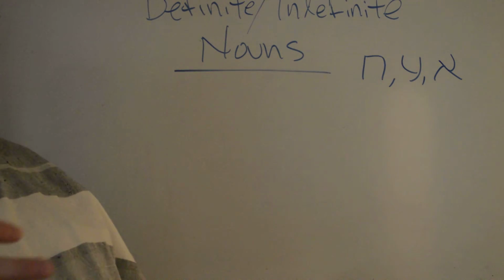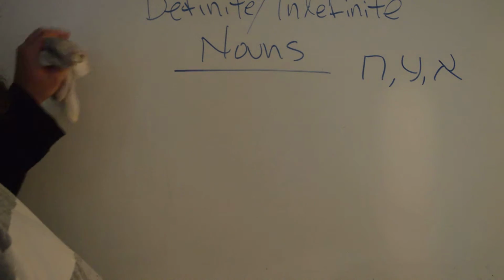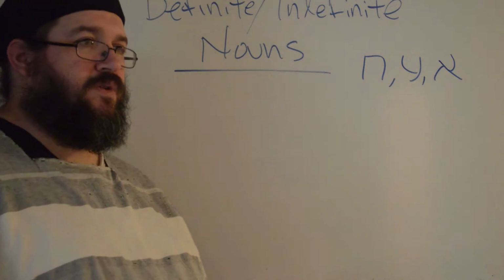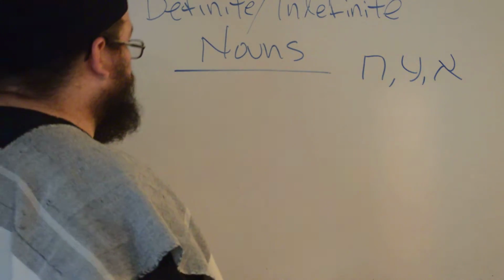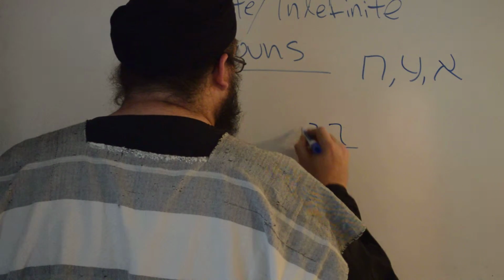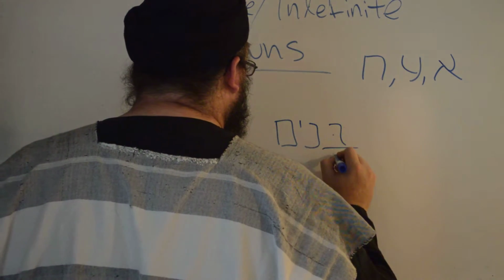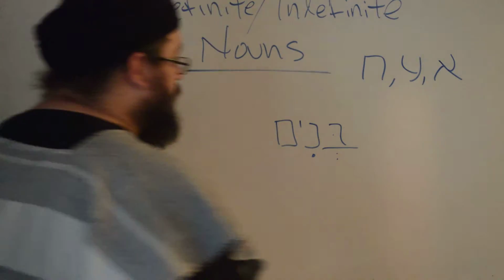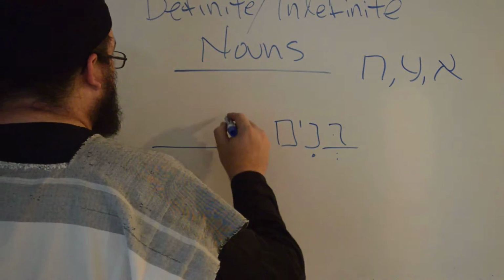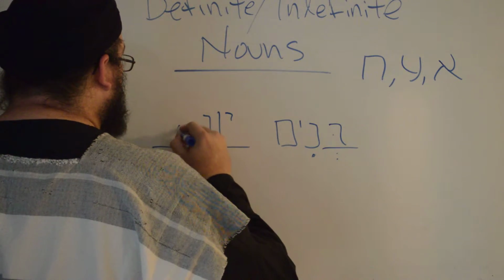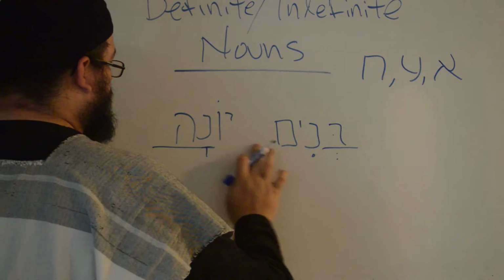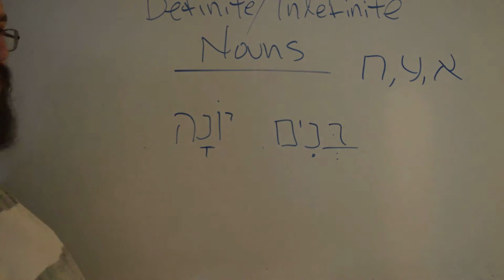So now what we're going to do is talk about another form of definite. And it's kind of a complicated one because this is going to be called a noun construct. So this is where we take, for example, the word ben and make it plural, benim, and we're going to take a definite noun, for example, I'll put the word Yonah. So here we have benim and Yonah.